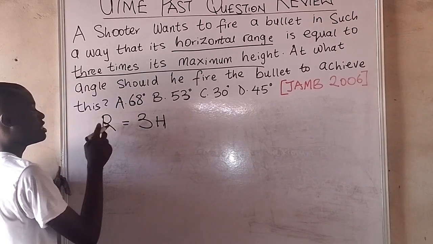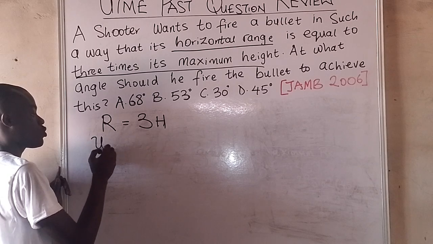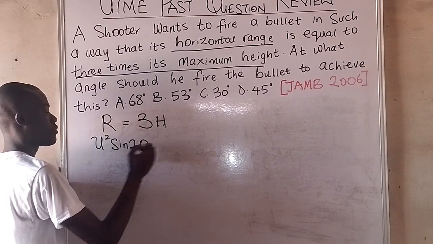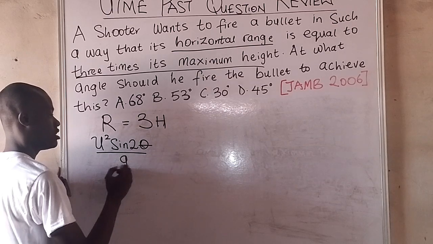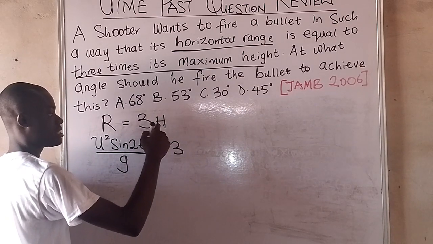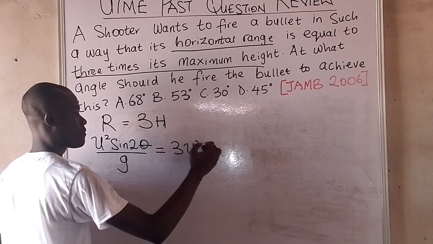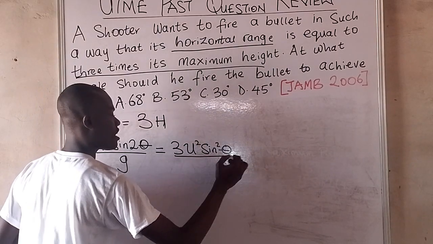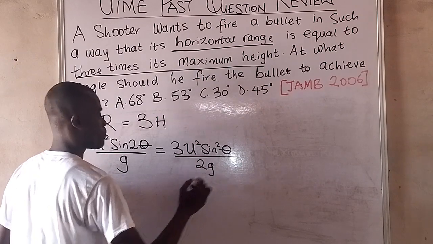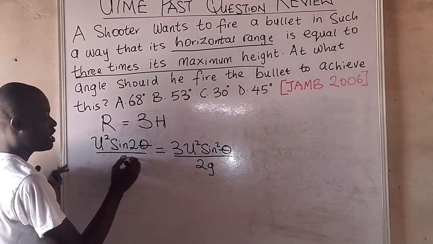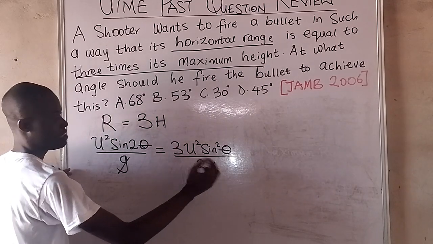Now, mind you, your formula for range is u square sine 2 theta over g is equal to 3 times the maximum height, which is u square sine square theta over 2g. So this is what we have from this particular statement. So from here, g can cancel out g on this side.